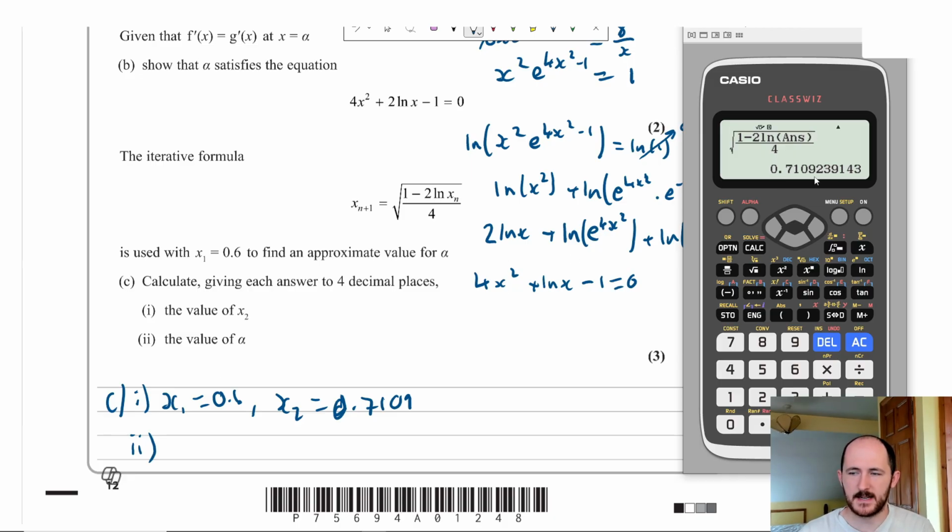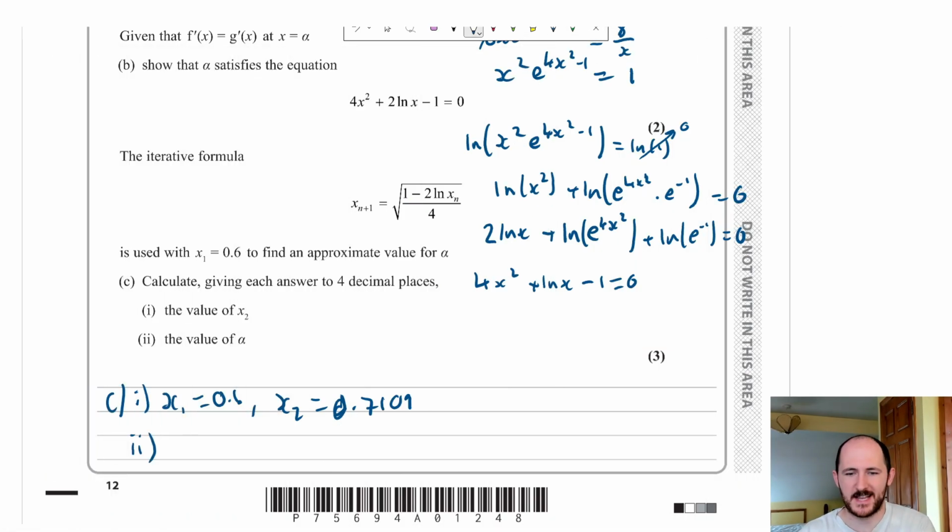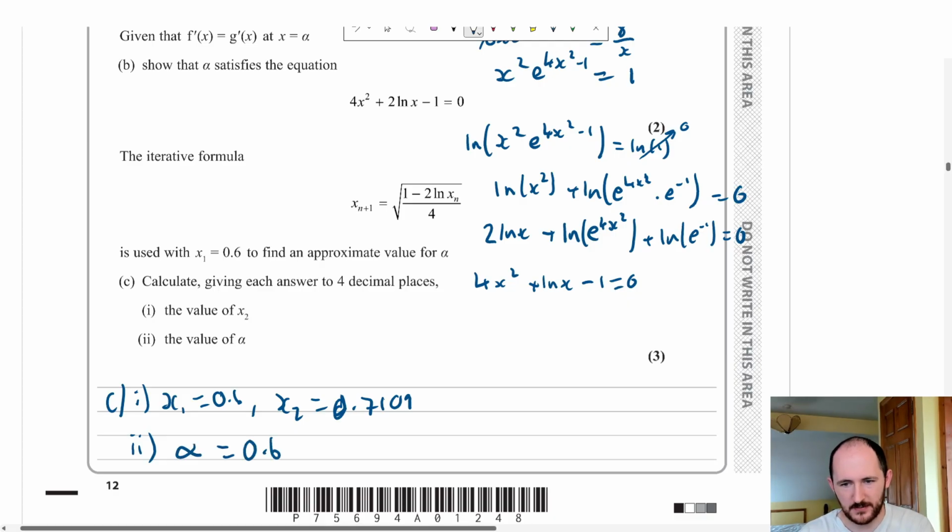Now the idea is, as I keep pressing equals, this value is going to become more and more accurate. So I'm just going to press it like a million times until it stops changing. There you go. And then just write that to 4 decimal places. Technically, you can stop after the first 4 stay the same, but it doesn't really take much longer to just spam equals over and over and over again. And there you go. That's it.